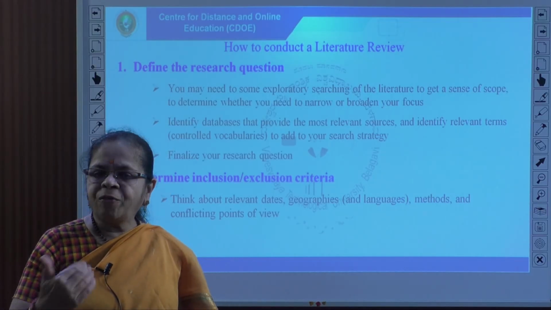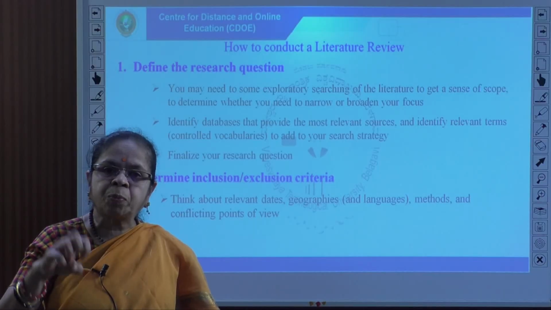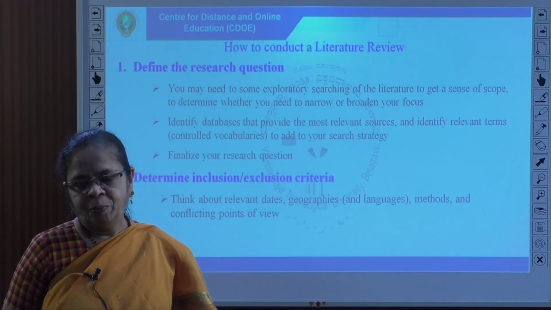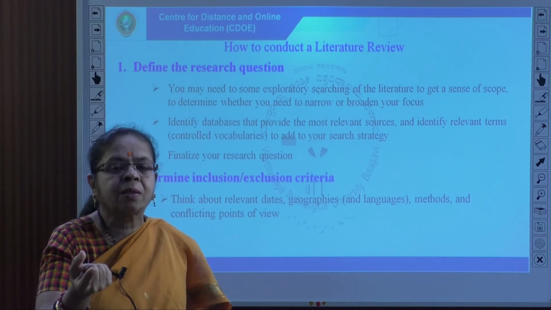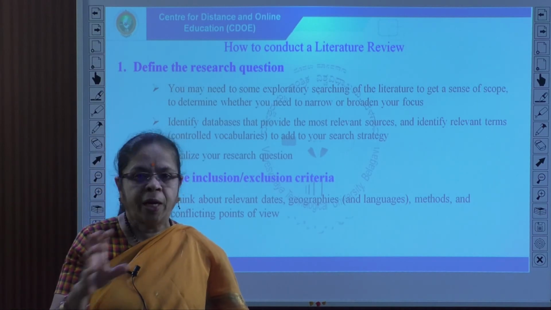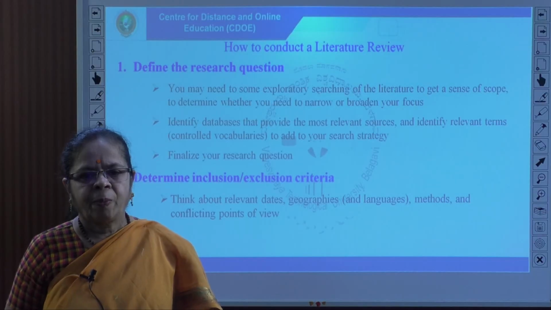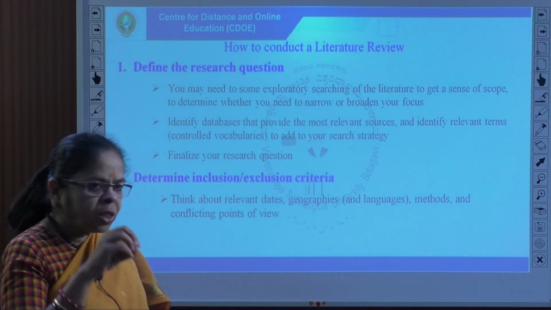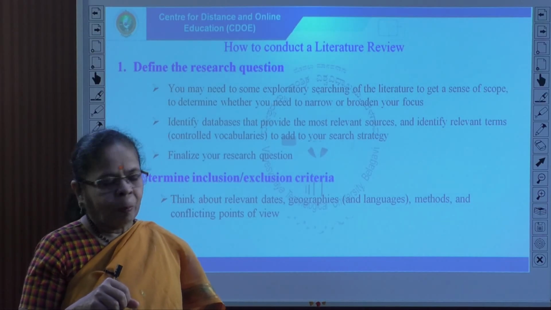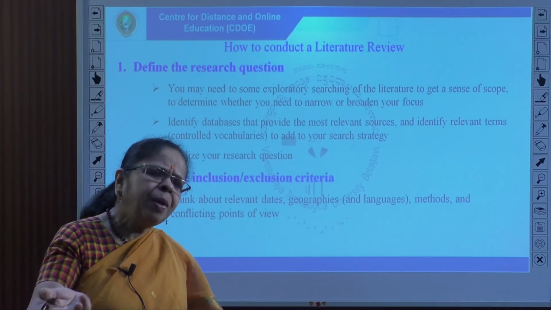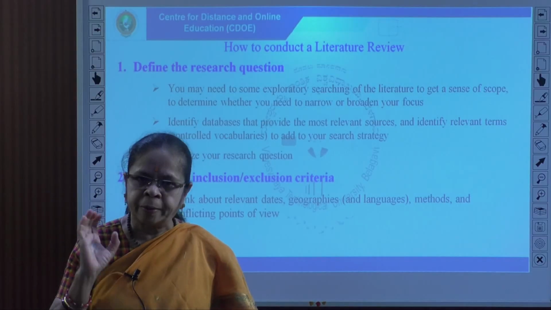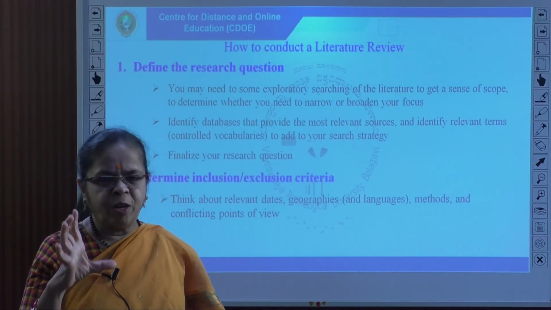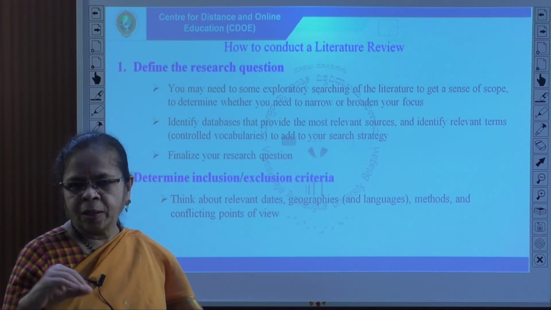Before you define this, maybe you have to do some exploratory work. You remember in the first module we saw exploratory research means going through, exploring, right. Once you explore, just read a few papers, arbitrarily you pick up and read, or the best is if you can get a book, because books have a lot of information, some groundwork.